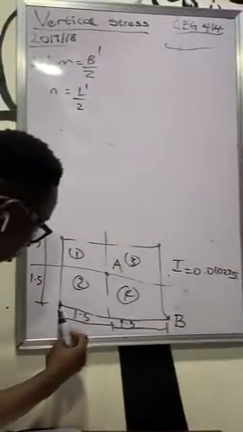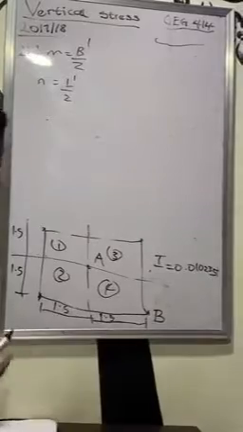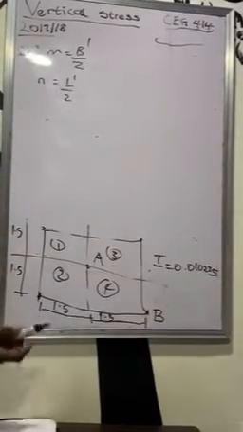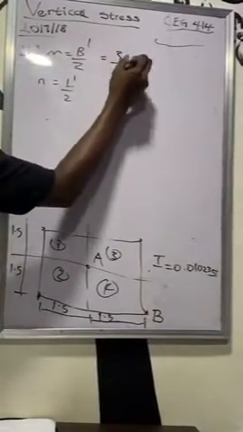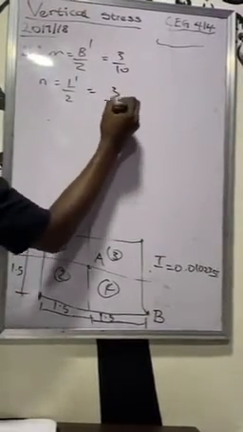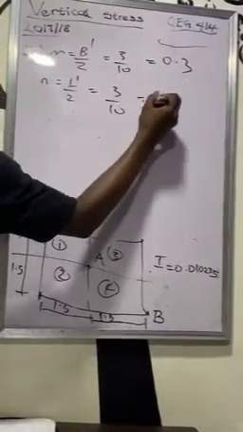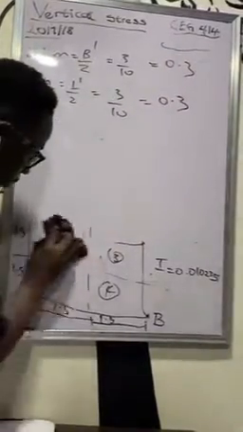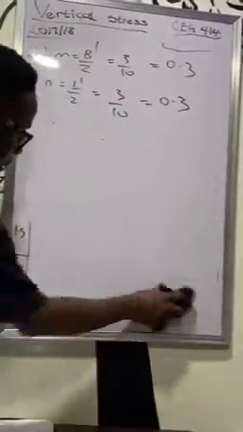My B prime is going to be from here to this point, a total of 3 meters. And my L prime is also a total of 3 meters. So I have 3 divided by 10, 3 divided by 10, 0.3, 0.3.